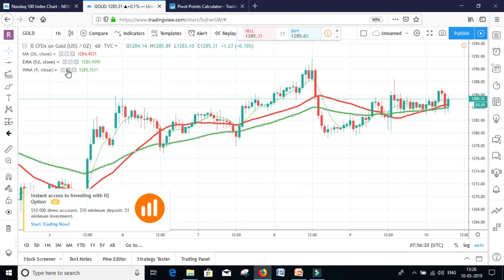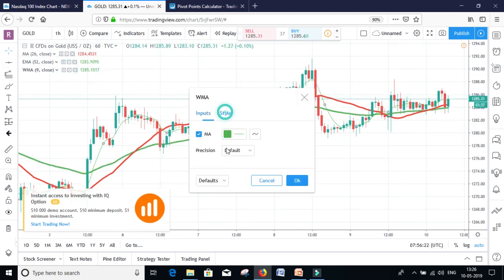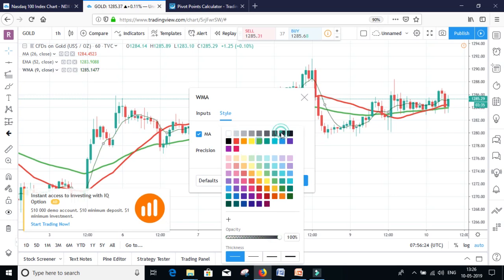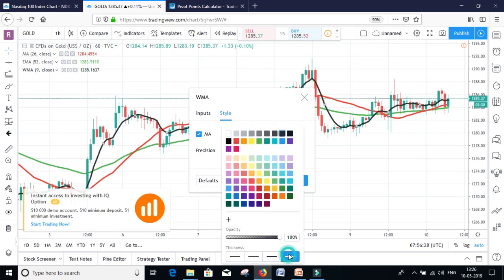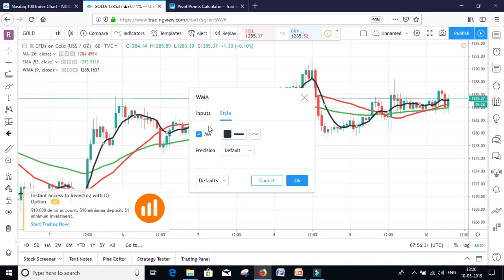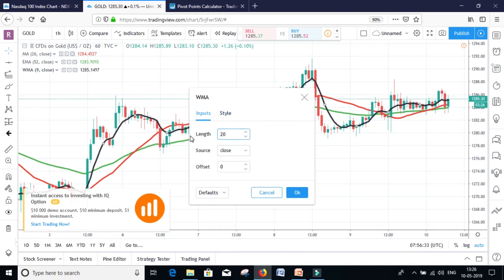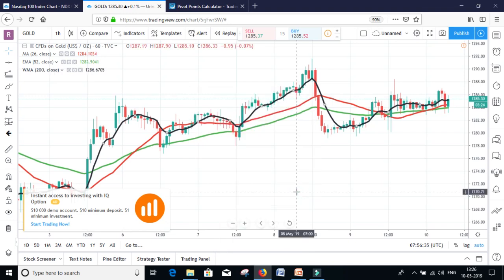And the third one is weighted. We take the style color as black, default is this, the input is 200, and just click OK.